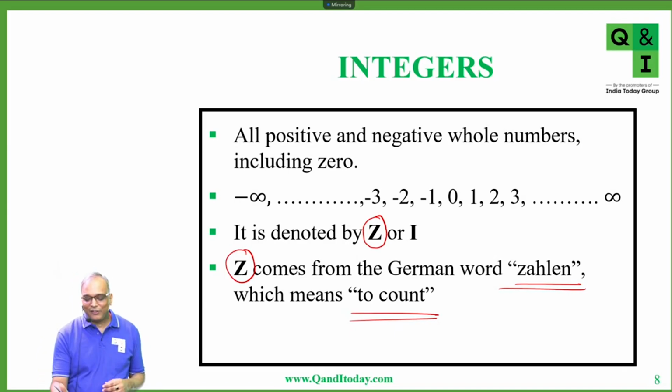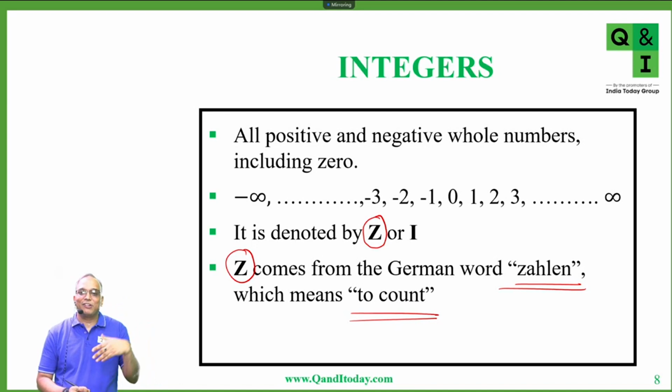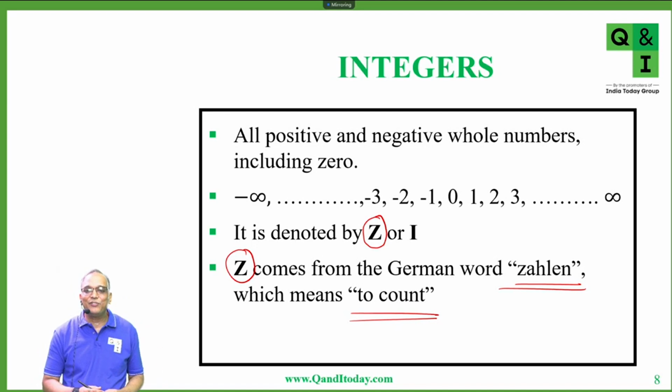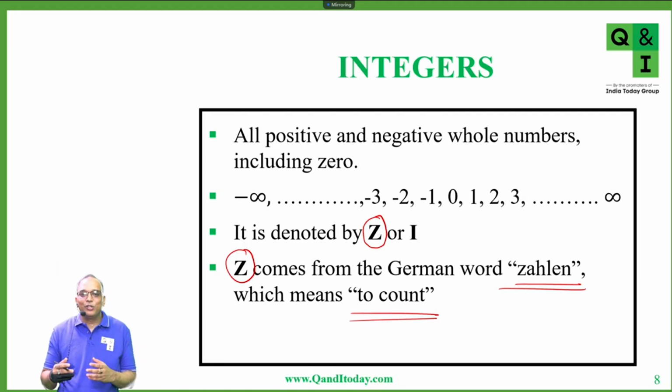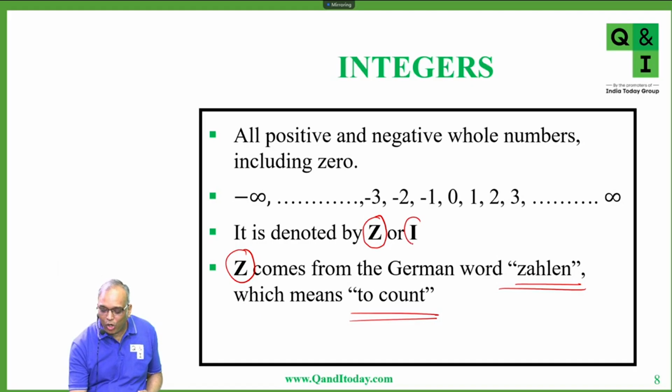Okay. So this is a fact which you should know, right? Because someone may ask you, you are studying integers, what does capital Z signify and why capital Z? Why do we not use capital I? So capital I is not used much.